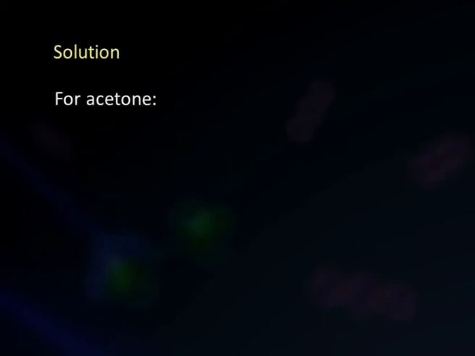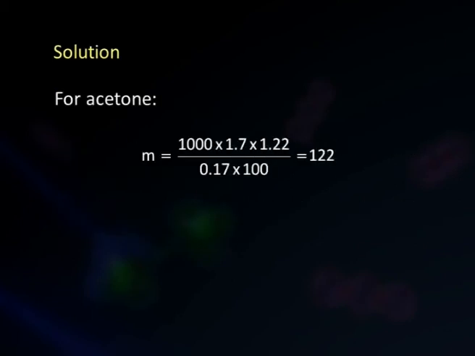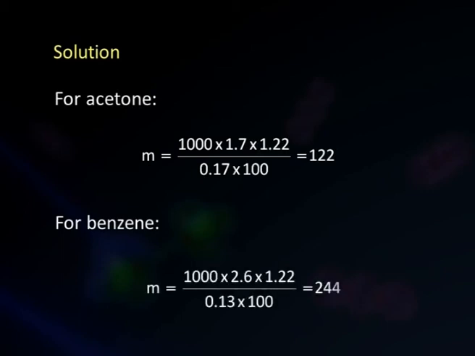For acetone, the molecular mass of benzoic acid will be equal to 1000 into 1.7 into 1.22 upon 0.17 into 100, which is equal to 122. For benzene, the molecular mass of benzoic acid will be equal to 1000 into 2.6 into 1.22 upon 0.13 into 100, which is equal to 244.